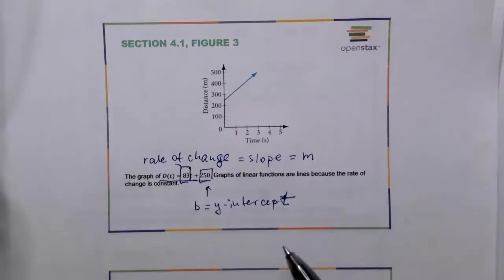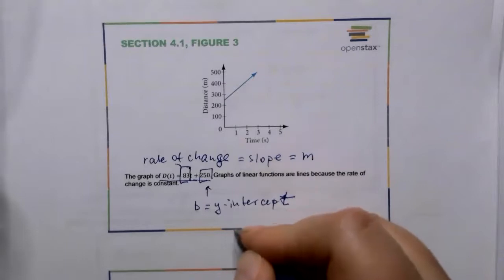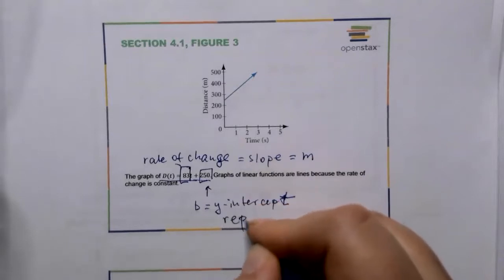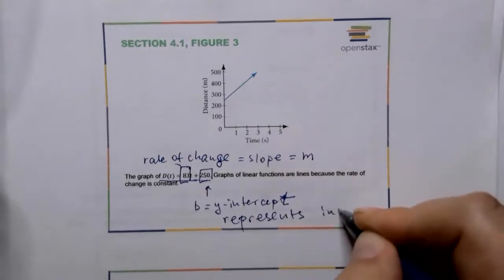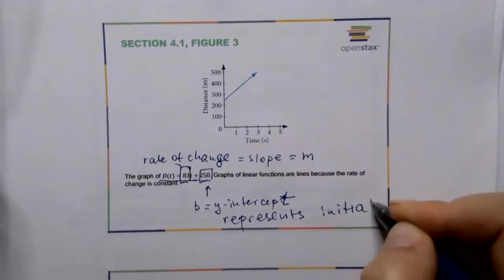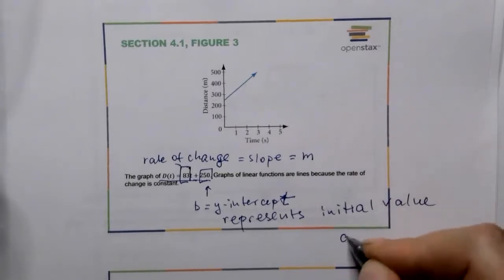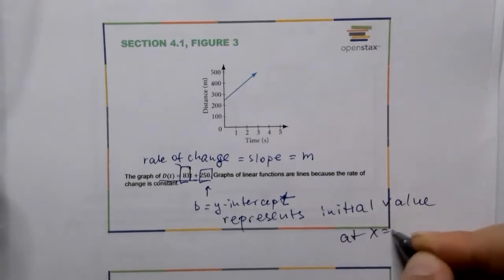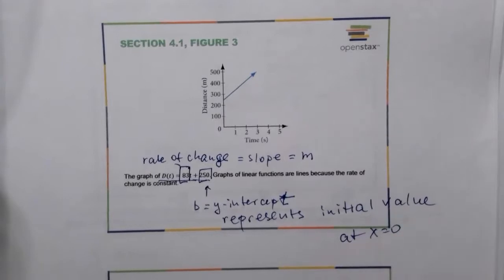So the y-intercept always represents the initial value at x equals 0, or in our case, t equals 0, when the time starts, when x is 0.